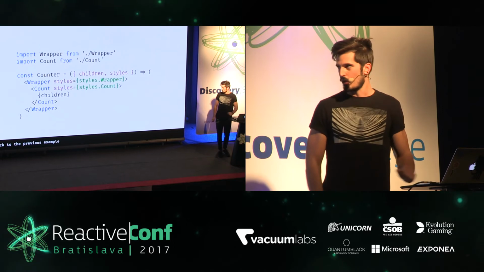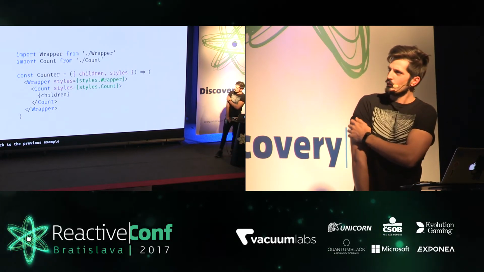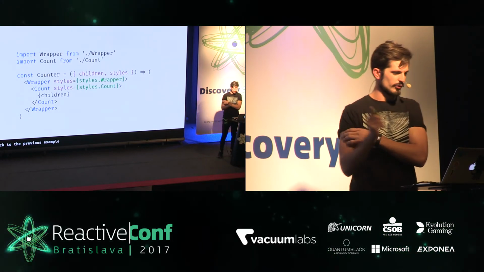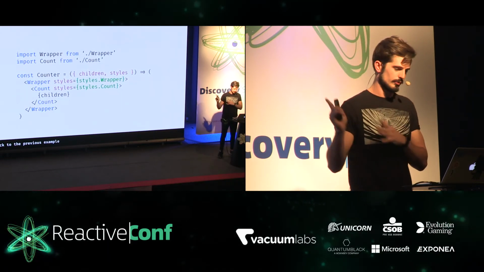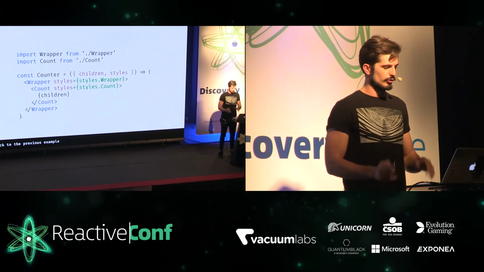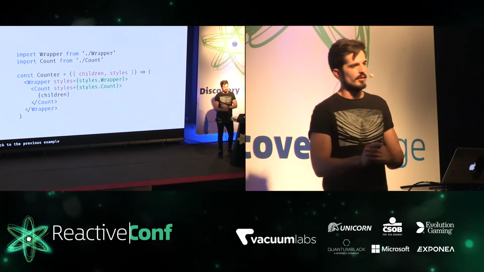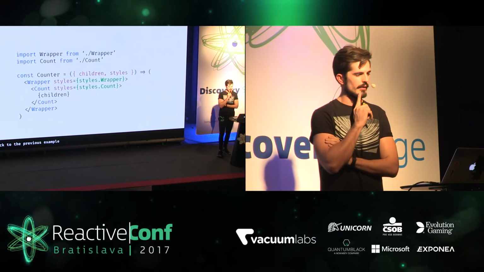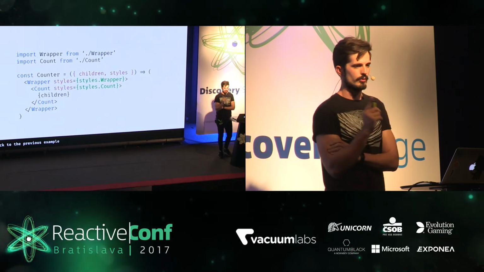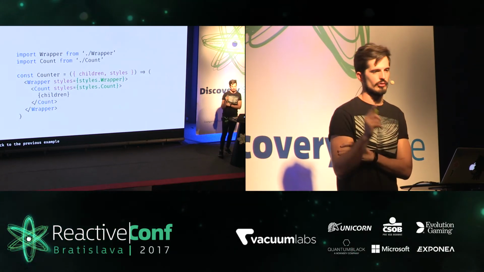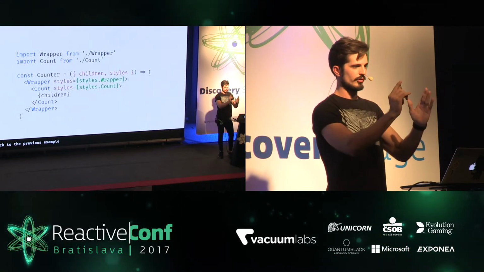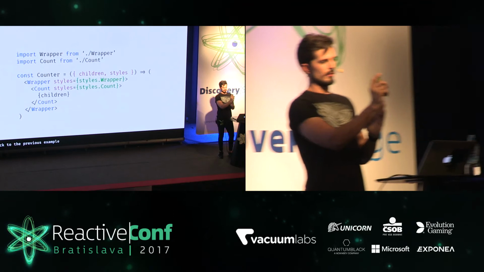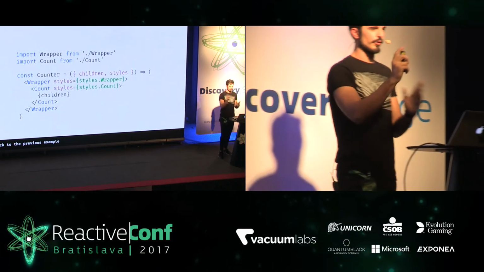Again, back to this counter component. In this counter component, we are importing these wrapper and count elements from somewhere, and we are just using them like that. But for rendering customization, what if I want the wrapper to render something else and not just the children? What if I have this counter, with a wrapper and a count inside, and I want to put some kind of phrase or whatever inside the wrapper?